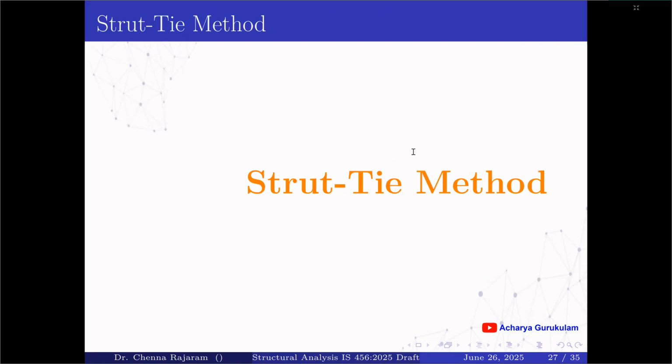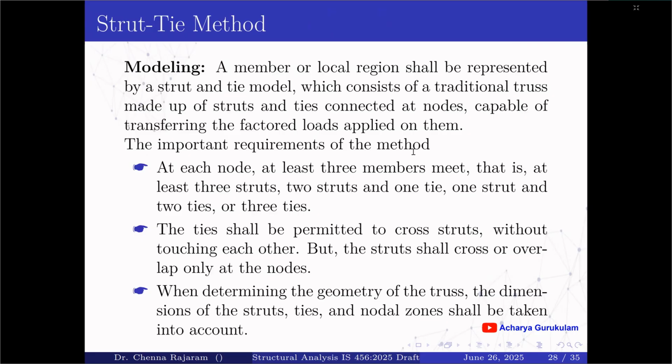Next, strut and tie method. For modeling, a member or local region shall be represented by a strut and tie model, which consists of a traditional truss made up of struts and ties connected at nodes, capable of transferring the factored loads applied on them. The important requirements of this method are as follows.